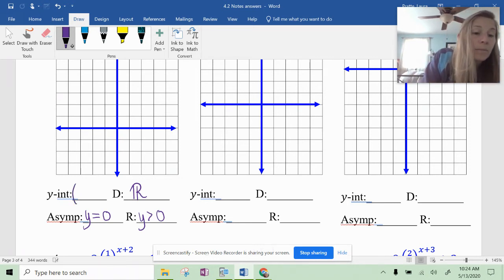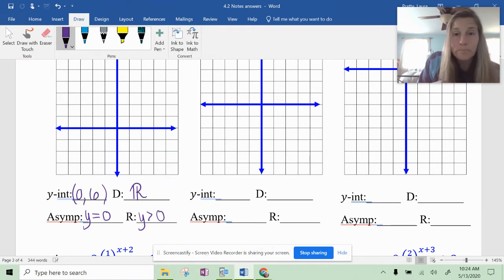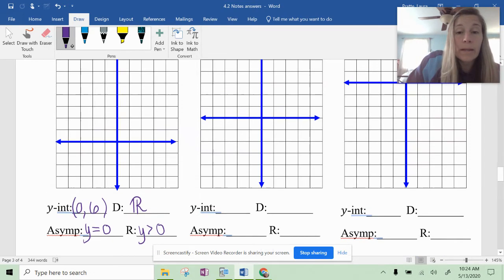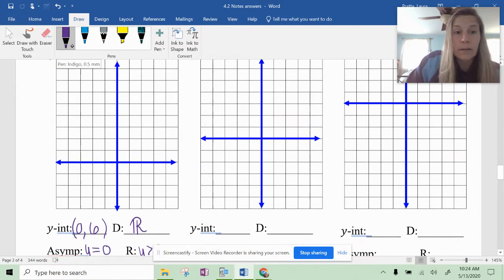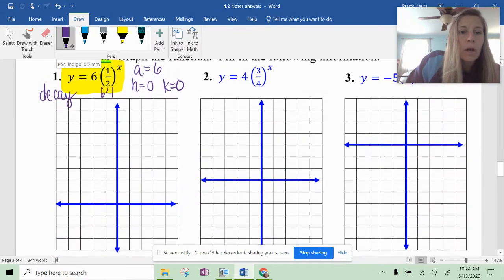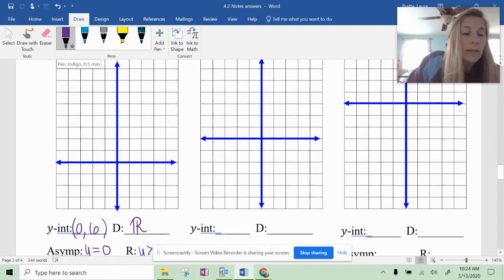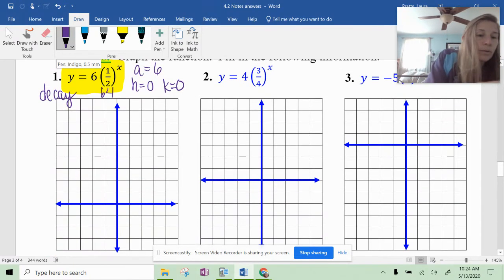Now the y-intercept, since this is a parent function, there's no h and k, it's just going to be 0, whatever my a value is. We don't have to do much math for that one. But if you were doing an h or a k that are different, then that's going to require a little bit more work.